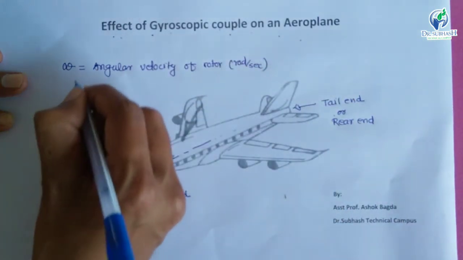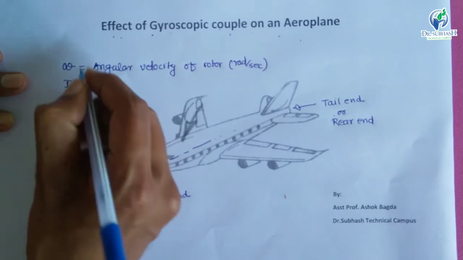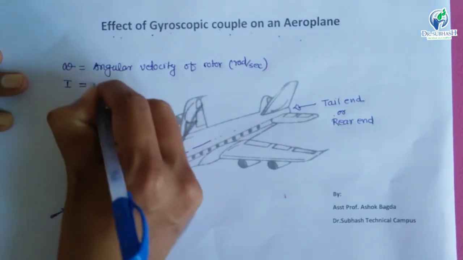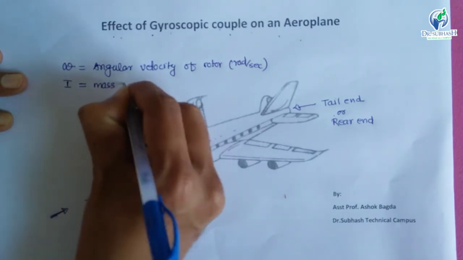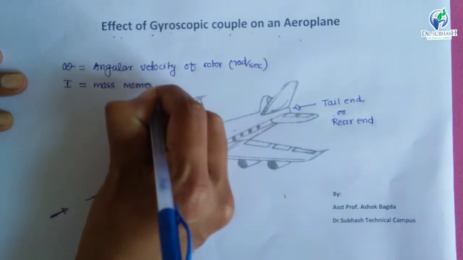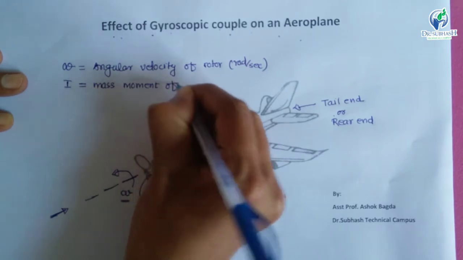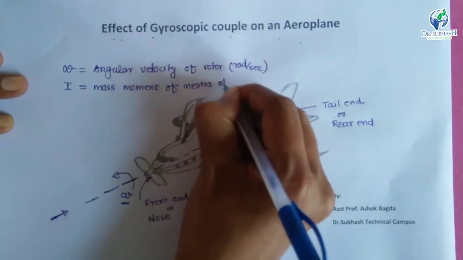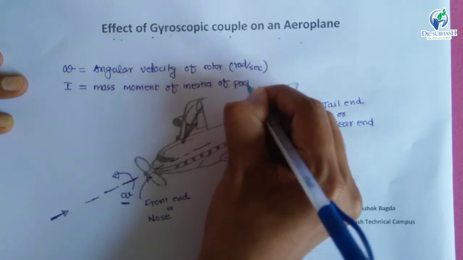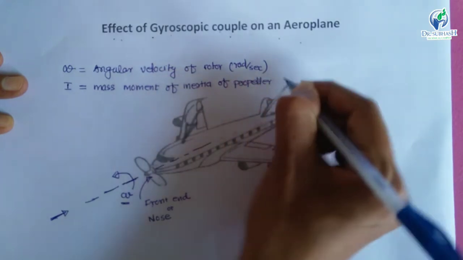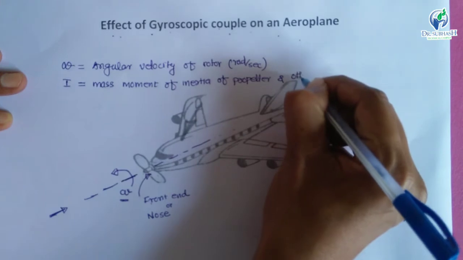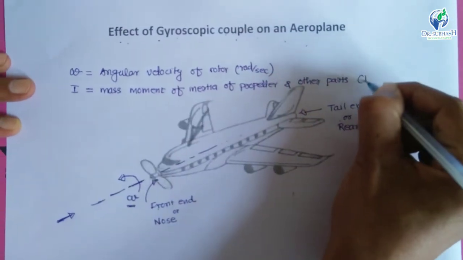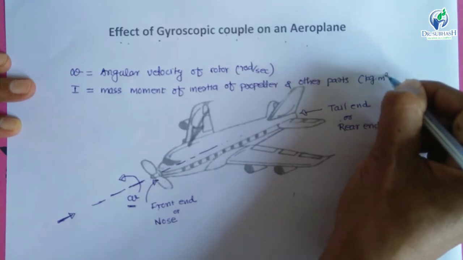The second thing we consider, I, is the mass moment of inertia of the propeller and other parts, in kg meter square.